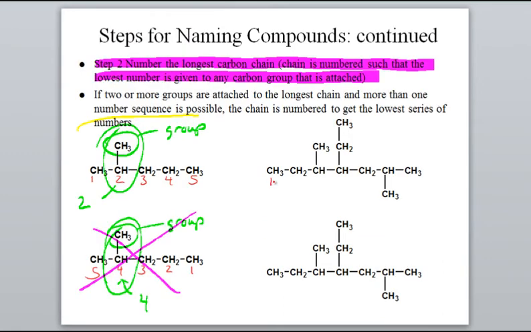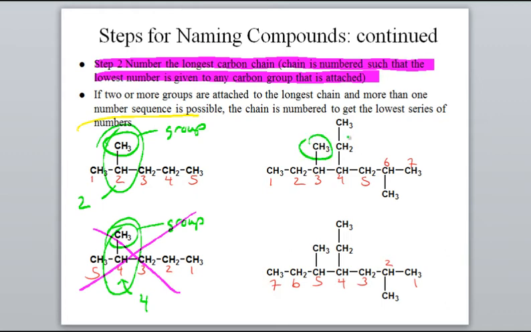On this one, let's say we start 1 down on the left-hand side. So 1, 2, 3, 4, 5, 6, 7. And on this example down here, let's start 1, 2, 3, 4, 5, 6, 7. Okay, there's a few groups. There are 3 groups coming off of this longest chain.